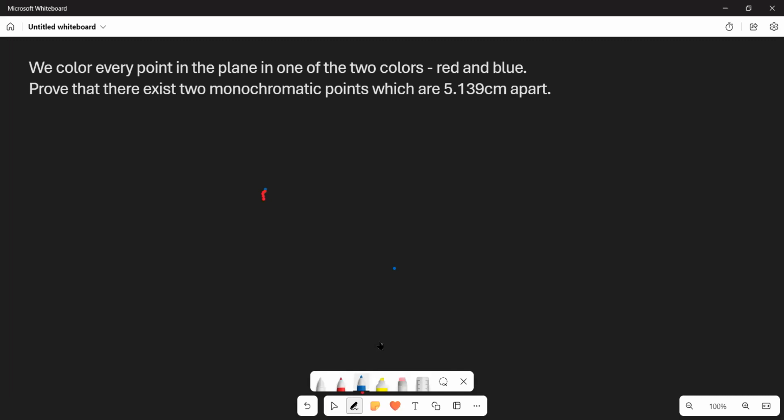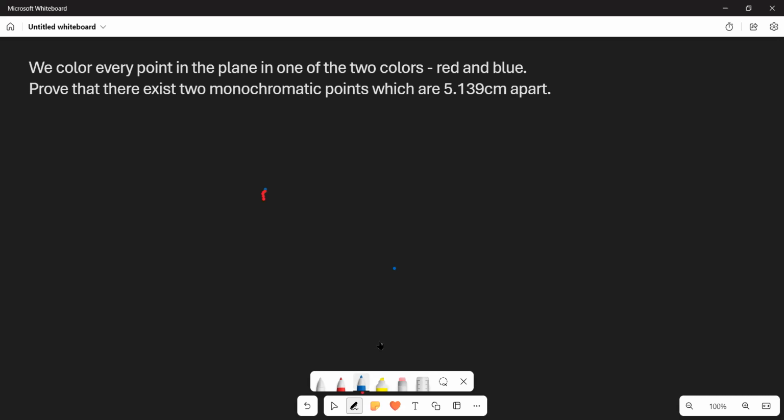But then isn't the question obvious? Why is it obvious? If we color a point blue and then if we color another point just next to it blue, then that will mean we have already proved it.